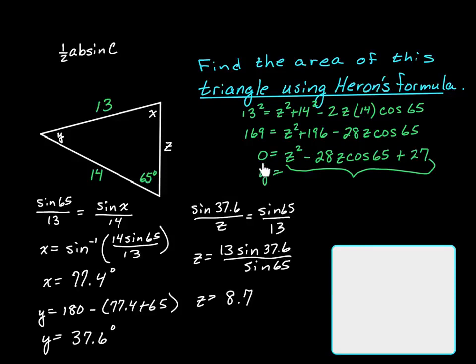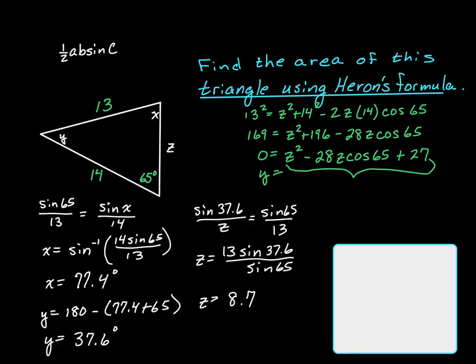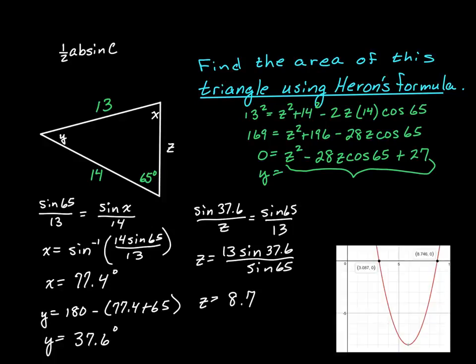Well, y is equal to 0 at all the points on the x-axis, which means if we graph this, we are looking for where the graph crosses the x-axis. Well, let's go ahead and take a look at the graph of this. And here it is.